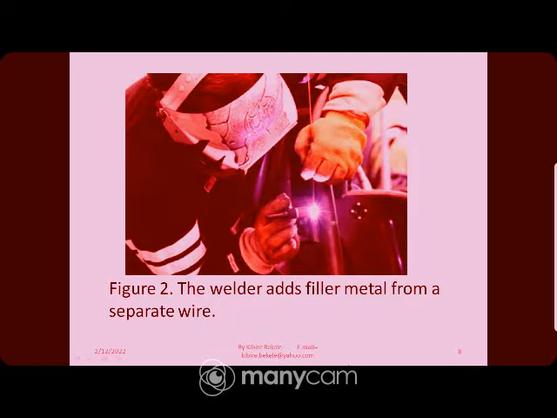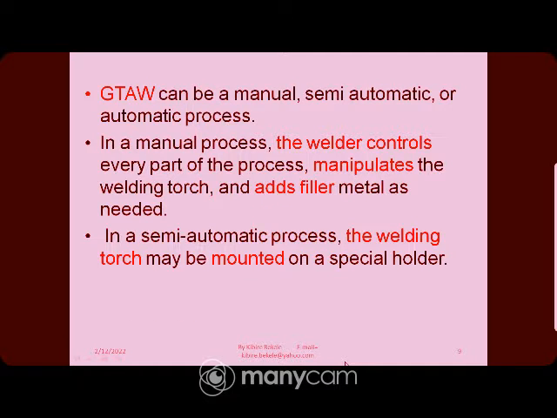So it shows how we can perform the gas tungsten arc welding process. The gas tungsten arc welding process can be manual, semi-automatic, and fully automatic. As you know, when you say manual, this means every parameter can be controlled by the welder.